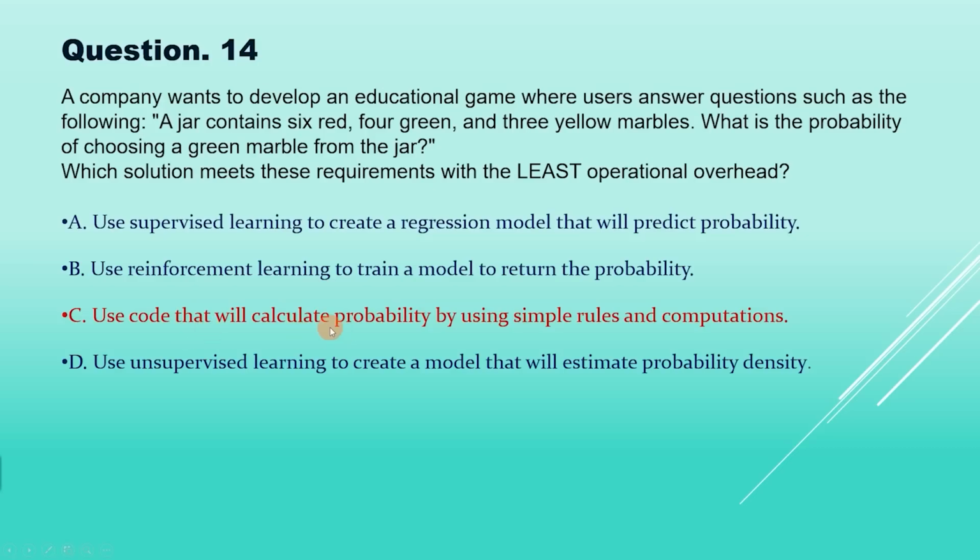We are not supposed to give any fancy answer like supervised learning or reinforcement learning. If simple code can fulfill our requirement, we are not supposed to use AI because of this keyword, least operational overhead.